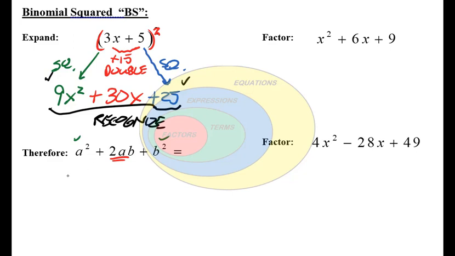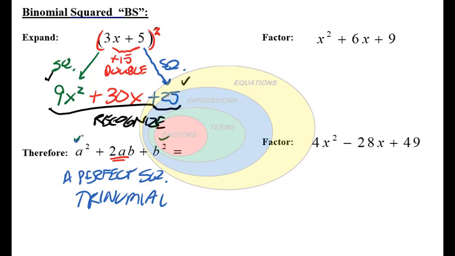So I'm just going to call this a perfect square trinomial, because I want to make sure it has the 3 terms, but my first and last terms have to be perfect squares. If that's the case, then we should end up with a binomial squared factor. This would be an A plus B binomial squared.